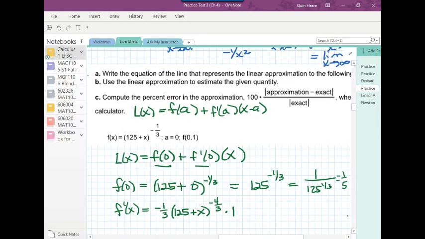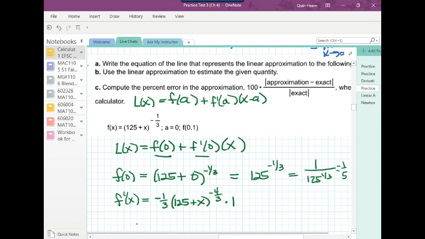So that's the idea of a linear approximation. So we're going to use this formula: L of x equals f of a plus f prime of a times x minus a.